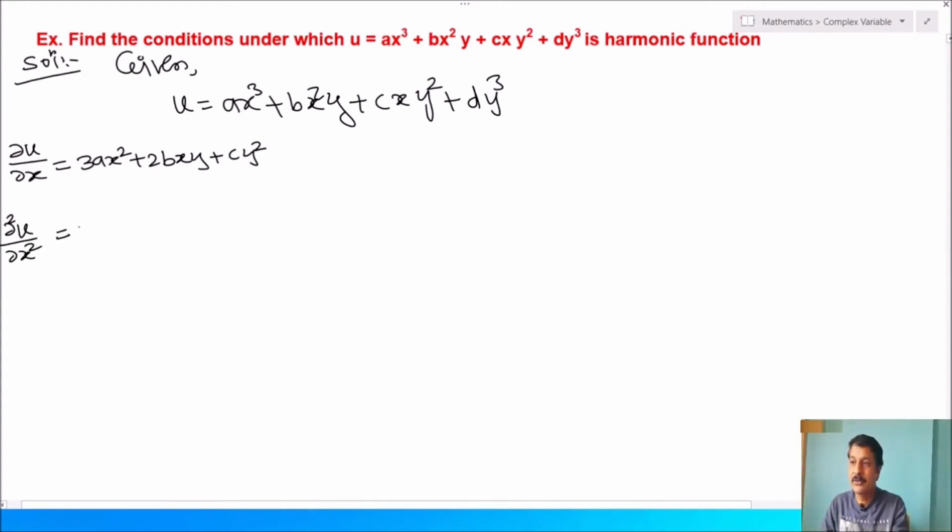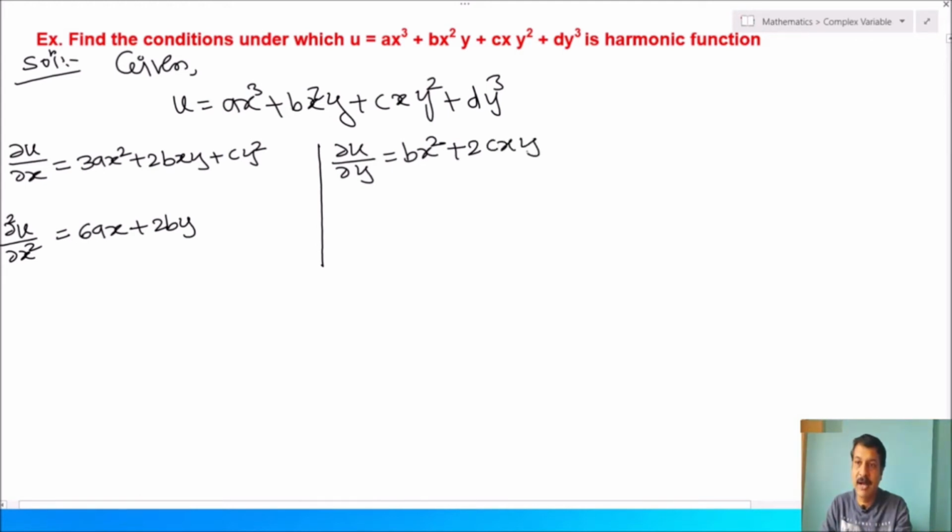So it gives 6ax plus 2by. Now del u by del y means partial differentiation of u with respect to y. First does not contain y, means 0. bx square plus 2cxy plus 3dy square. So next derivative with respect to y, it is equal to 2cx plus 6dy.